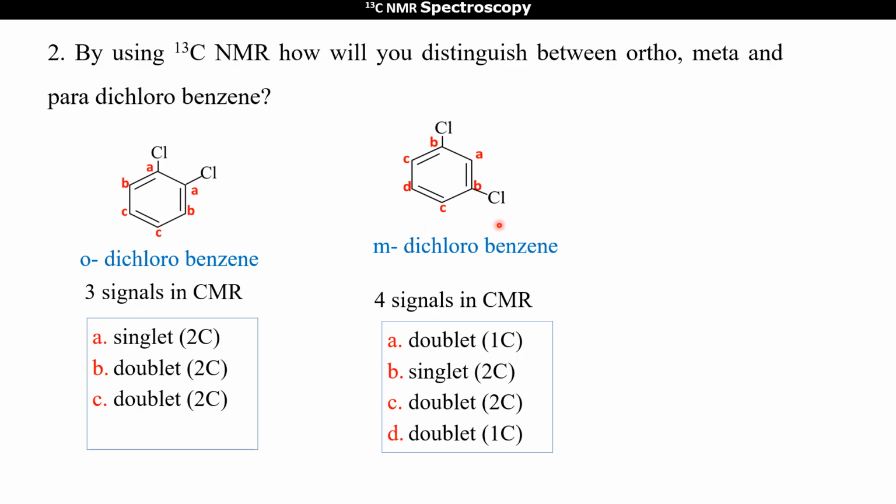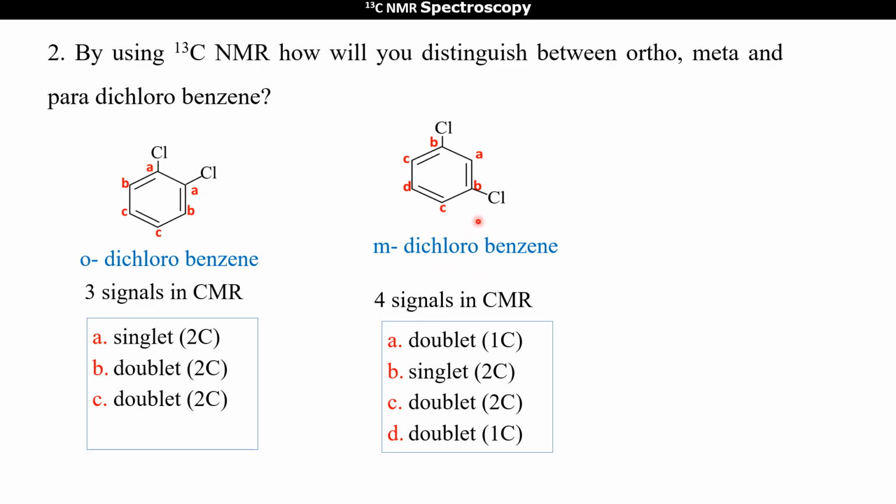In case of meta-dichlorobenzene, there are four sets of carbon atoms, A, B, C and D. We know that the carbon atoms which have different electronic and chemical environments are different sets of carbon atoms. And in case of meta-dichlorobenzene, there are four sets of carbon atoms.